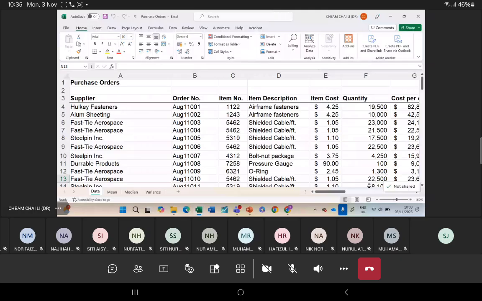Okay. Now take a look at the first question. Determine if the mean lead time for Hockey Fastener and Manual Valve are different. Previously if we have the one sample mean, kita lihat satu group saja.